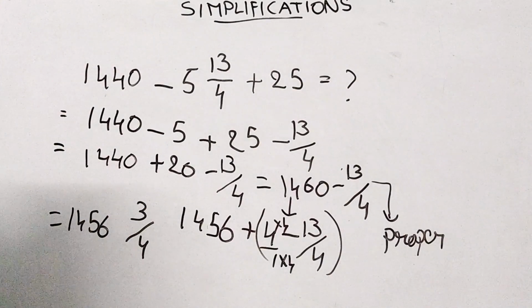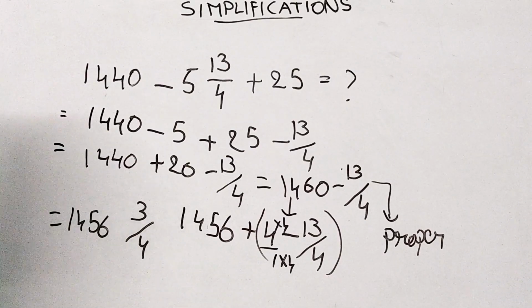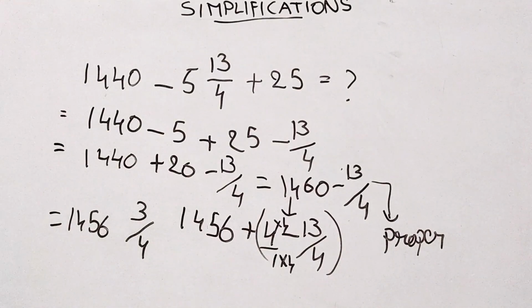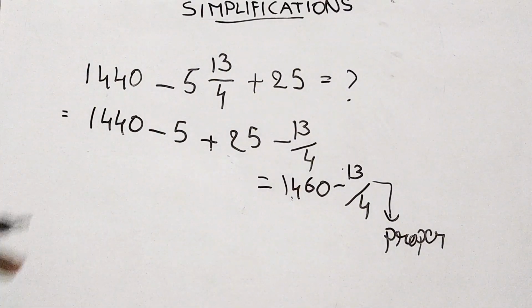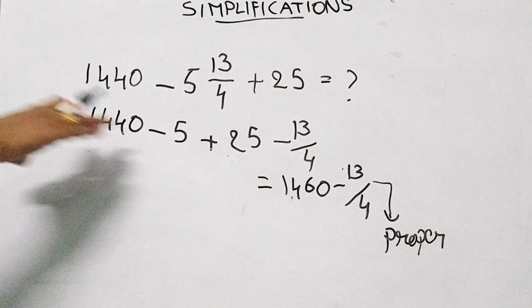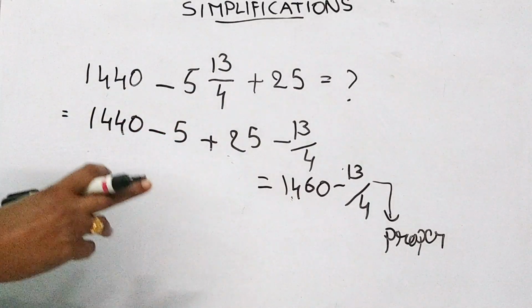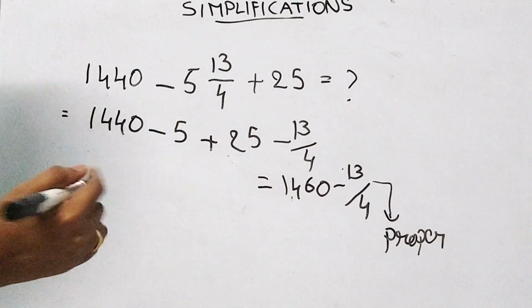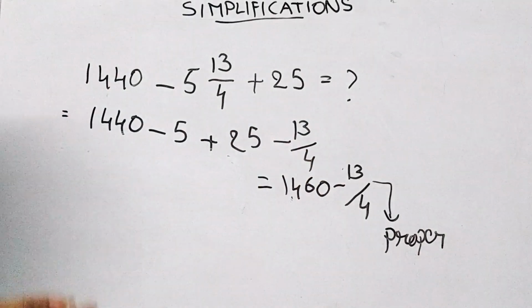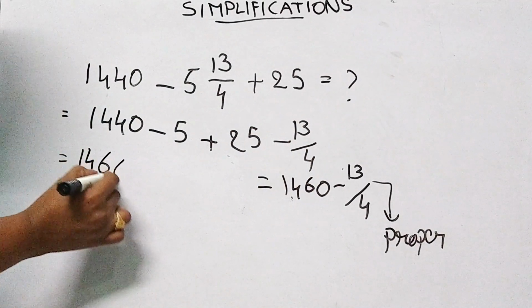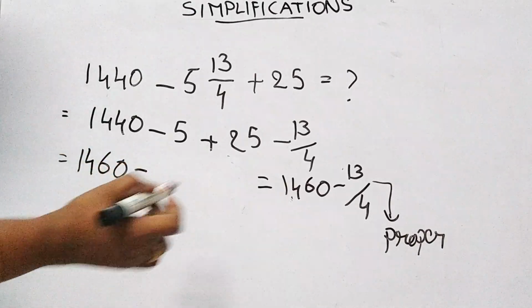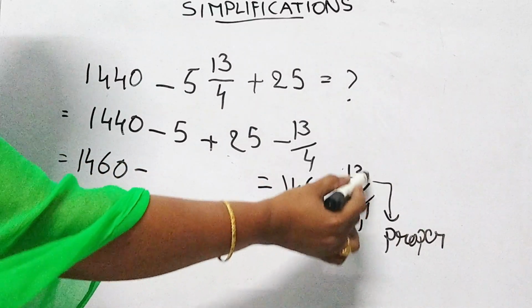There is one more method to solve this. I will tell you that method also. Okay, till here this is the same. 1460 minus 13 by 4 is there. The numerator is bigger than the denominator. So we can write this as 1460 minus 3 ones.